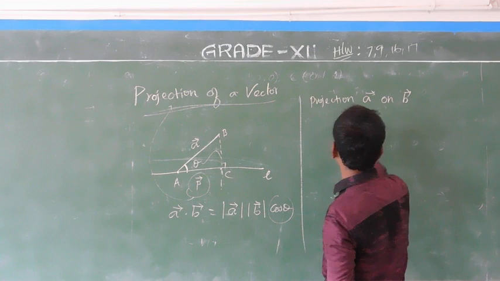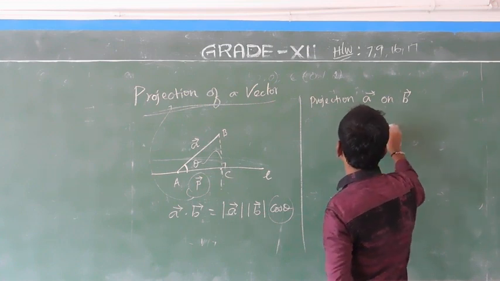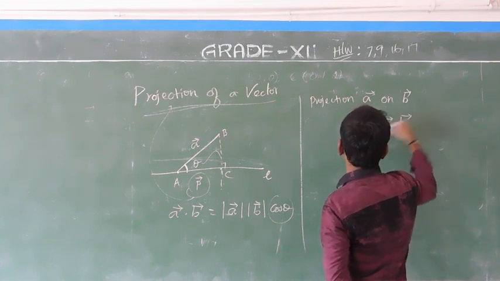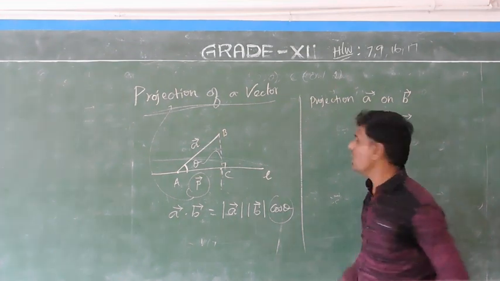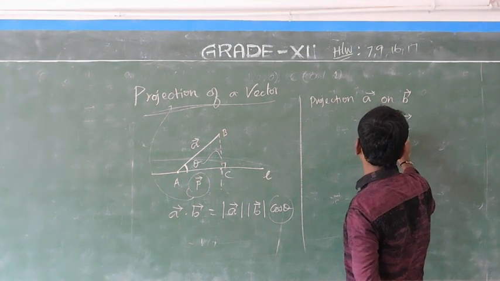How to take it: taking the dot product of a vector dot b vector, whole divided by the modulus of the b vector.